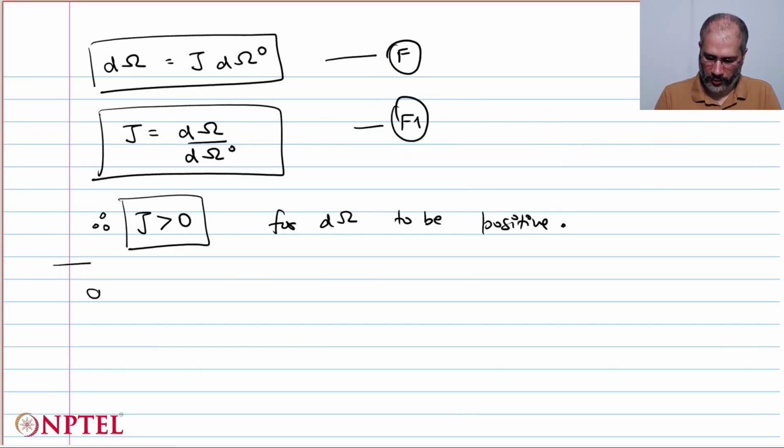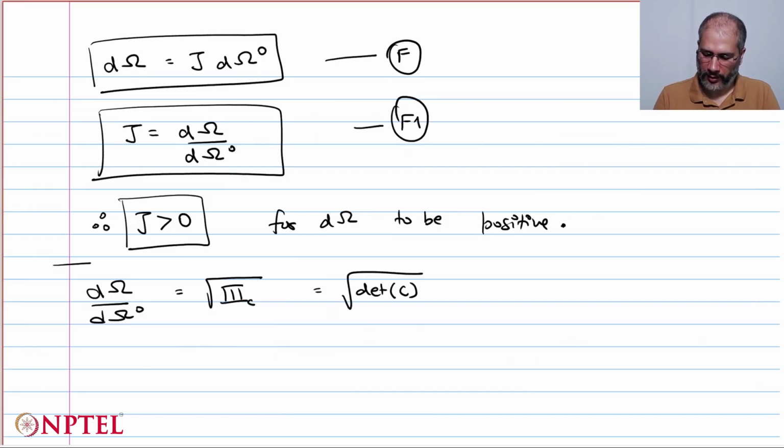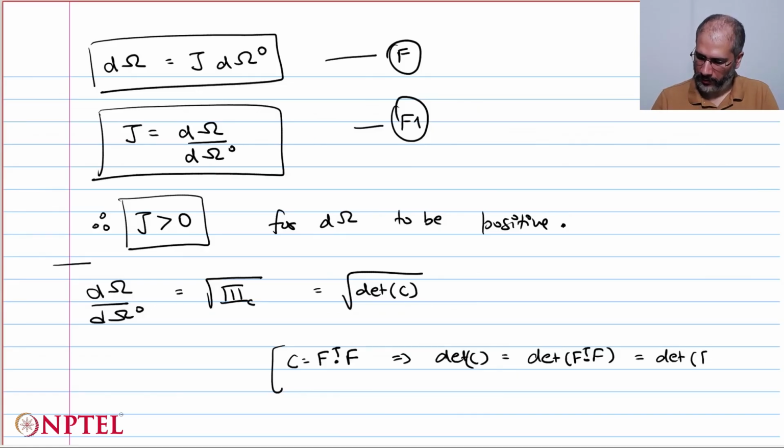Earlier we had shown during finite deformations that this ratio is the square root of the third invariant of the Green's deformation tensor C, which is nothing but the square root of the determinant of C. But C is defined as F transpose F, which implies the determinant of C is the determinant of F transpose F, which can be written as determinant of F transpose times determinant of F.